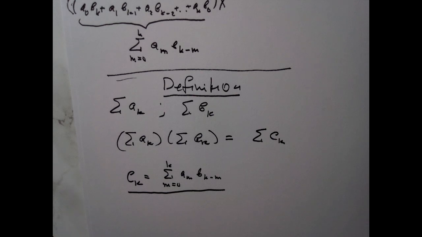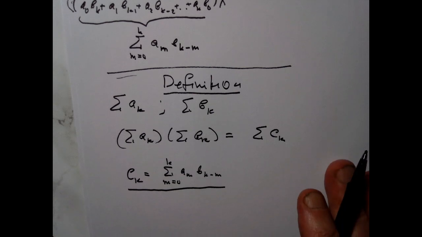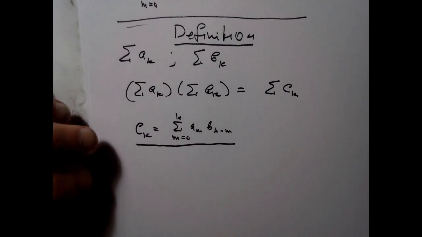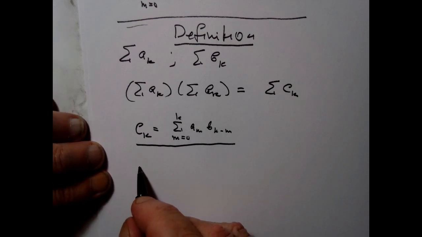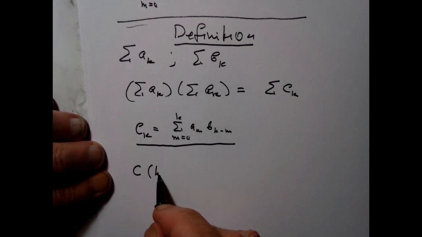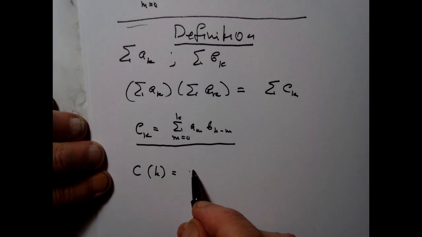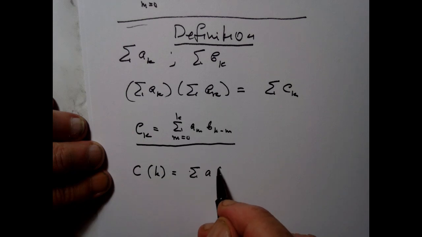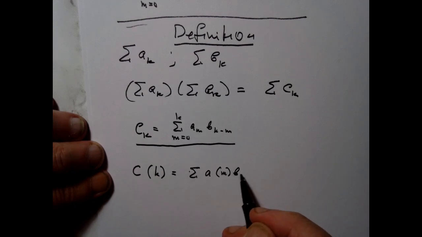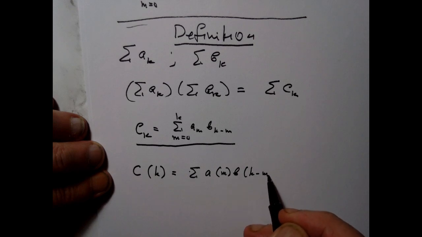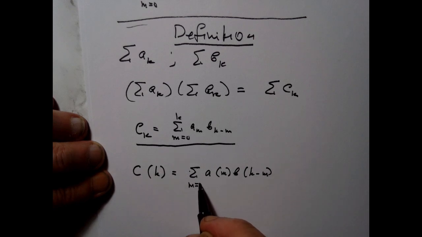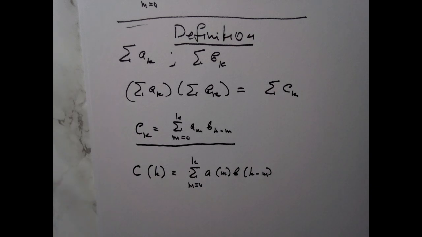If you can think of anything, let me give you a hint. Let me write it down in a little bit different way. c of k equals the sum of a of m times b of k minus m, where the sum goes from 0 to k.